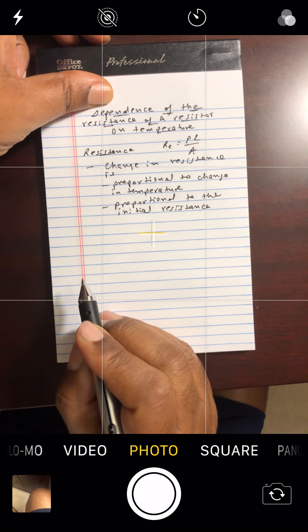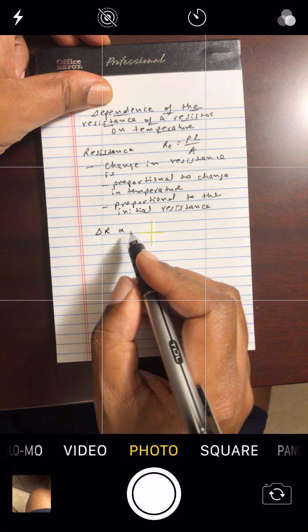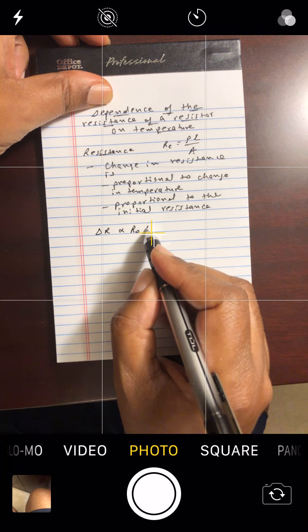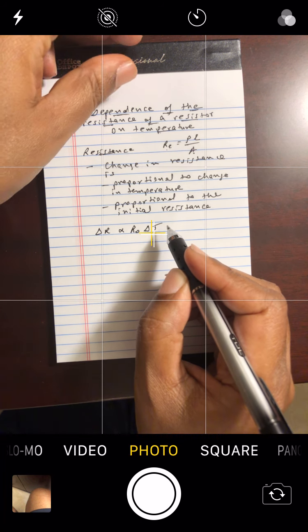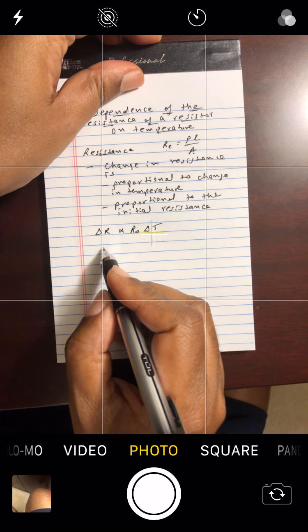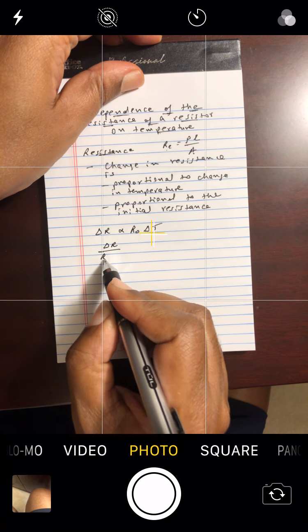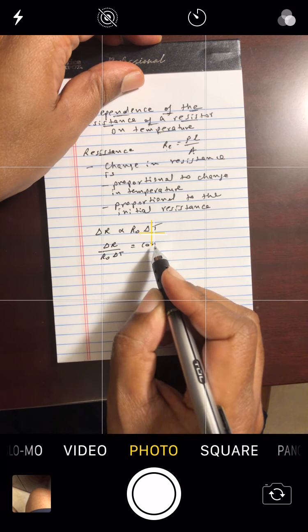Mathematically, we can write this as the change in resistance is proportional to the initial resistance and proportional to the change in temperature. So of course mathematically this means the ratio between the change in resistance and the product of initial resistance and change in temperature is a constant.